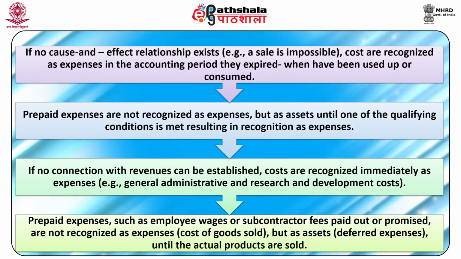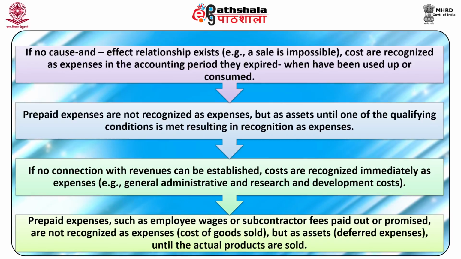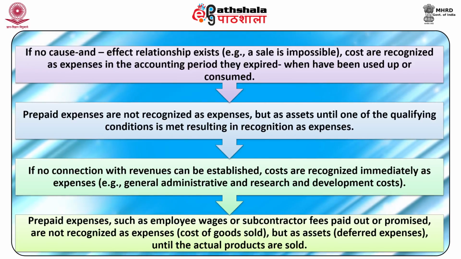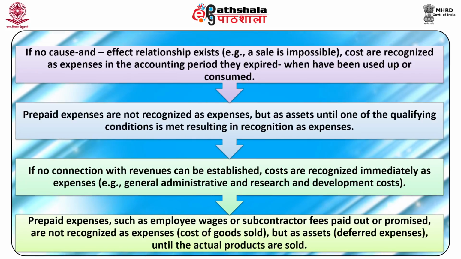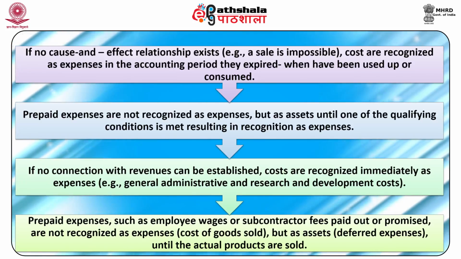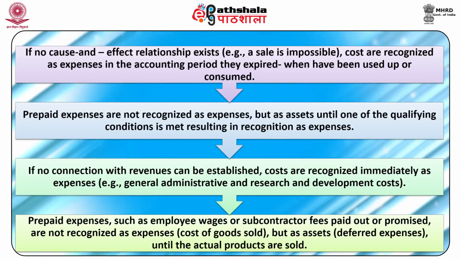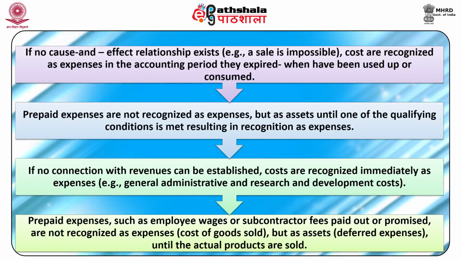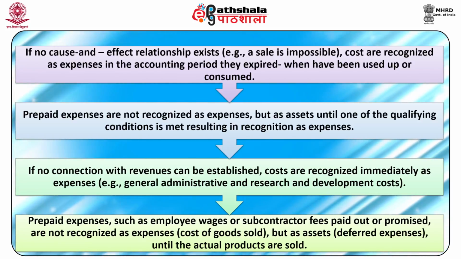Prepaid expenses are not recognized as expenses but as assets until one of the qualifying conditions is met, resulting in recognition as expenses. If no connection with revenues can be established, costs are recognized immediately as expenses.